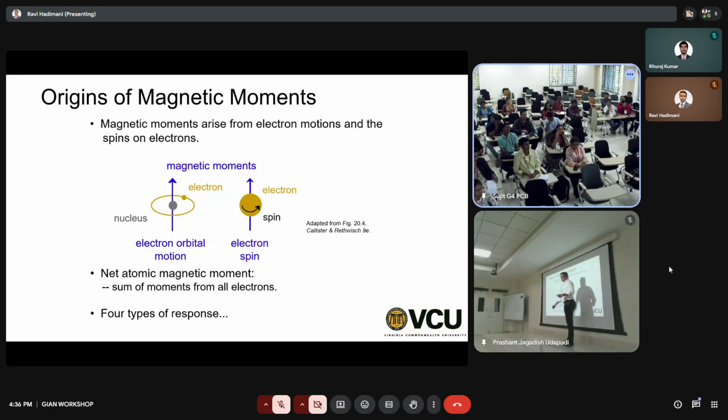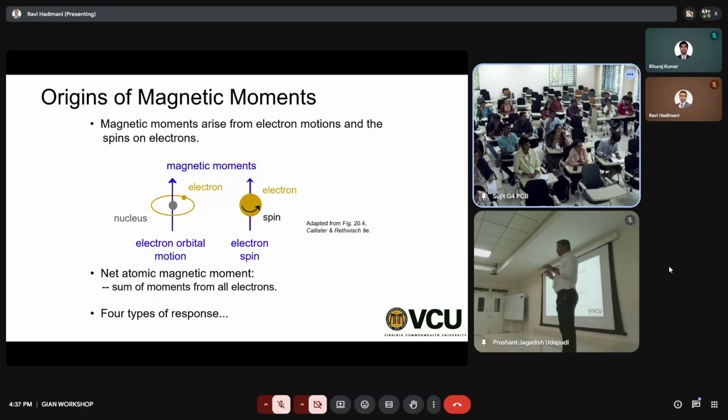Electrons have a magnetic field due to spin as well as orbital motion, but the orbital contribution is not that much, whereas spin has the highest contribution to the magnetic field.